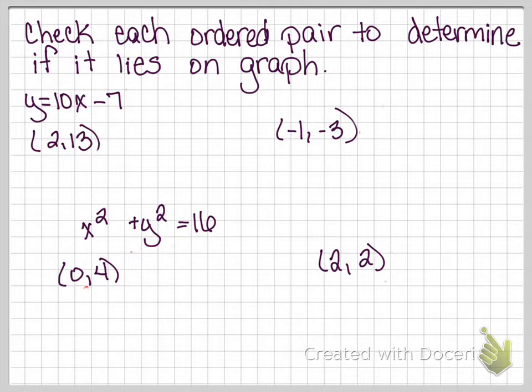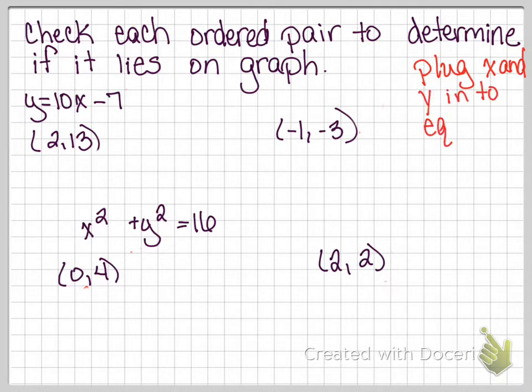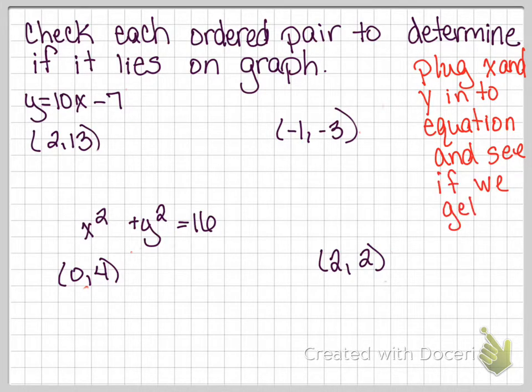Now we could graph it, but we also want to look at it from an algebraic perspective. So what we are going to do here is plug x and y into the equation and see if we get a true statement.